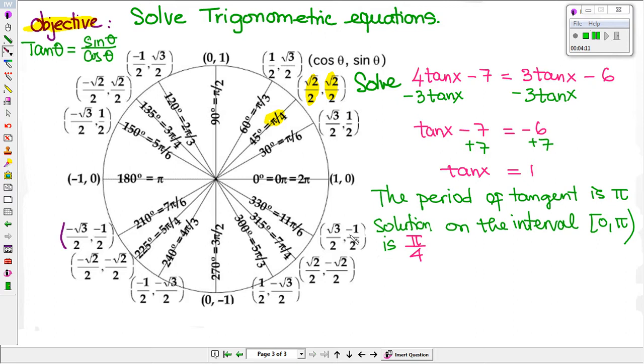Now if we are thinking about going around the unit circle more than one time, it means that if you look at the graph of tangent, you look at more than one period of the graph.